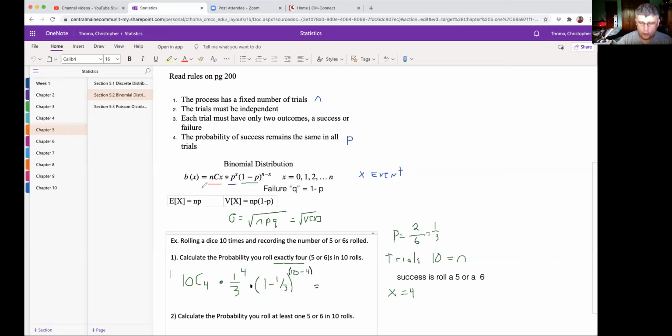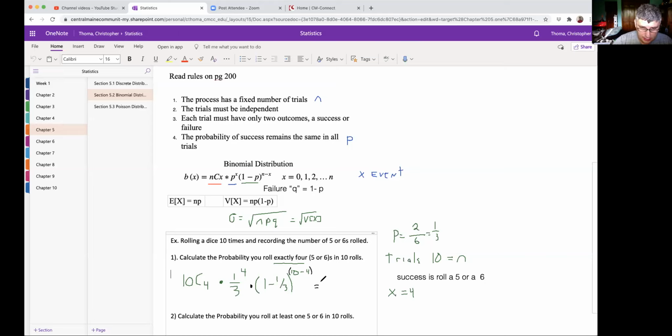So I type my whole thing in all at once. And the reason I do that is if I type this in correctly in my calculator, I can use the arrows and scroll through and see that it is typed exactly how it is typed here on the page. And then I hit enter.